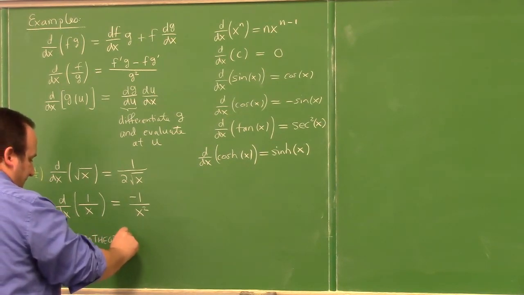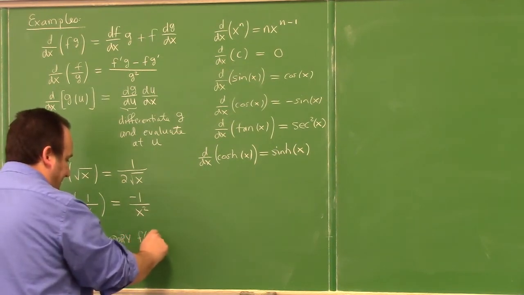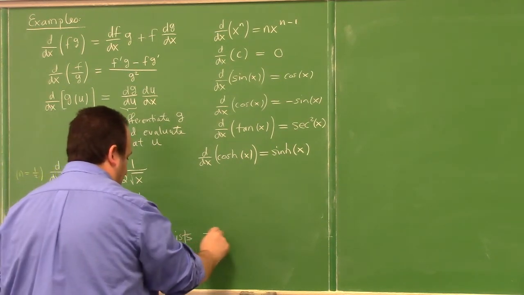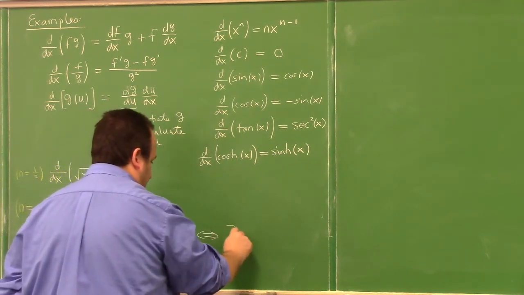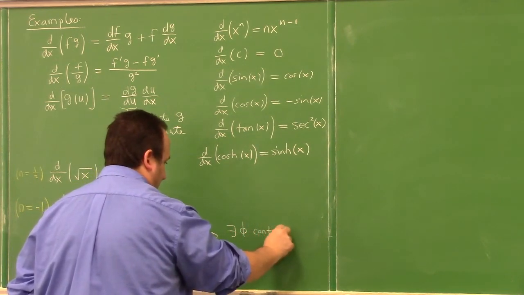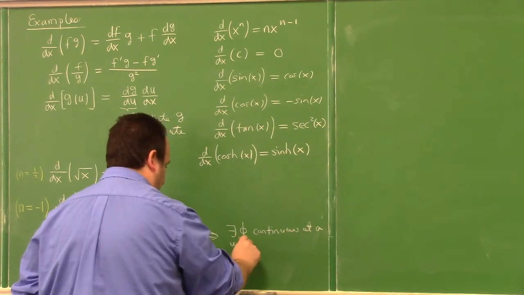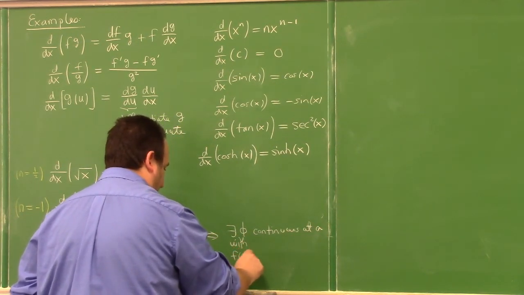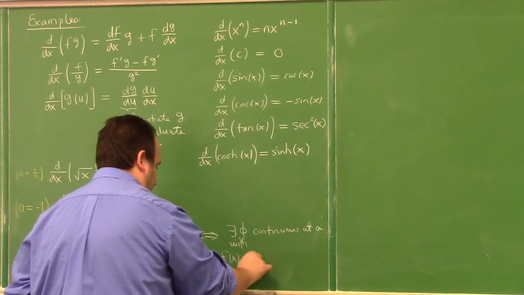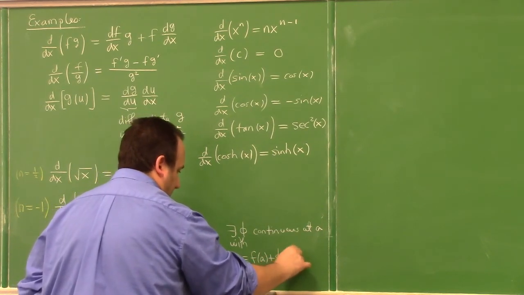Basically, Carathéodory just gives us another criterion for differentiability. It says f prime of a exists if and only if there exists phi continuous at a with f of x equal to f of a plus phi of x times x minus a.